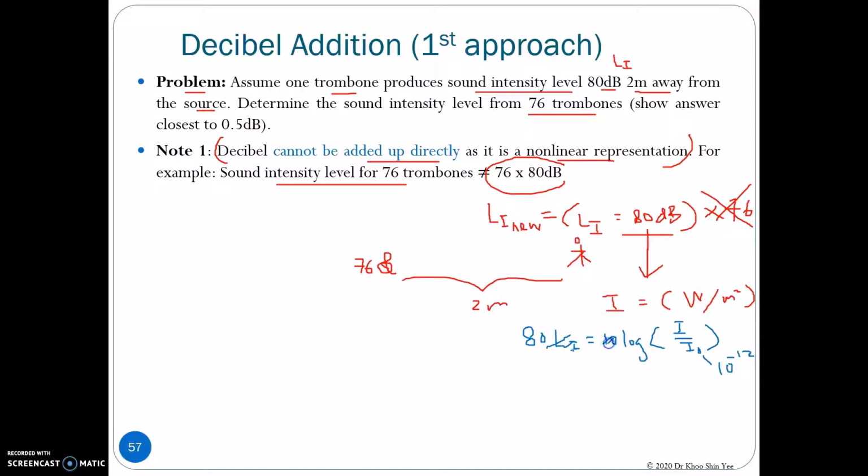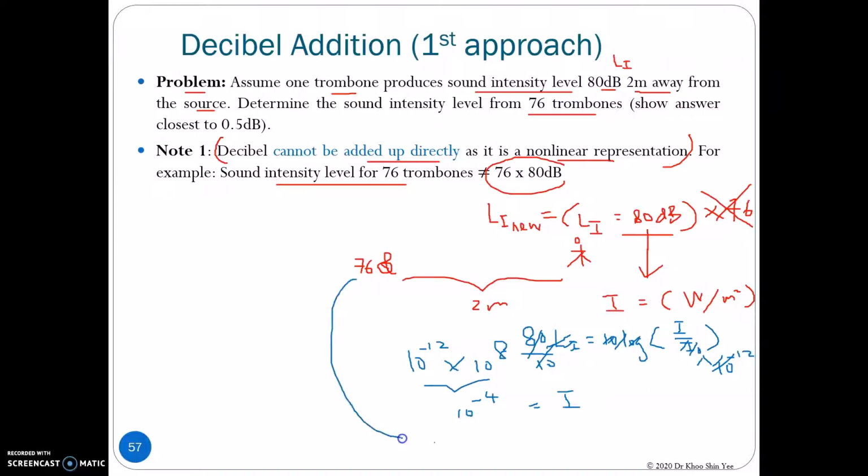So we divide by the 10 here, so this gives you 8. The log, you move to the left hand side, you obtain 10 to the power of 8. And then I0 here, you move to the left hand side, you need to multiply with 10 to the power of negative 12. This gives you 10 to the power of negative 4, which is the sound intensity for one music instrument.